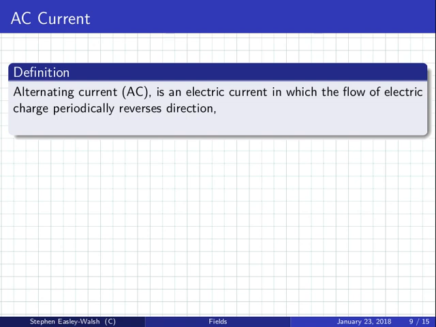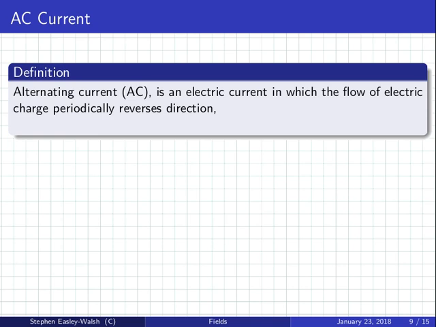What is potato? It's the potato. Periodically is what? Repeated. Okay? So it repeats in changing its direction. You just need the first half.